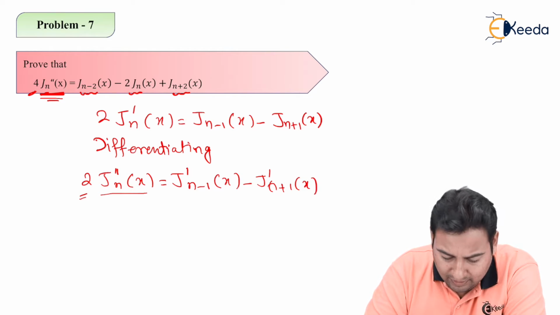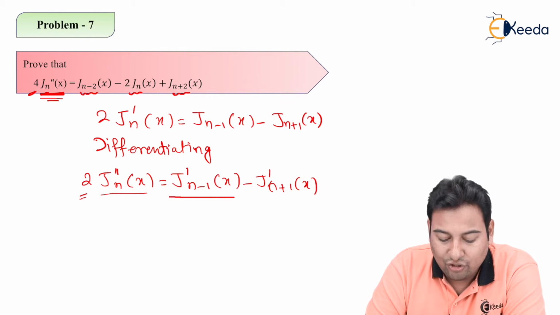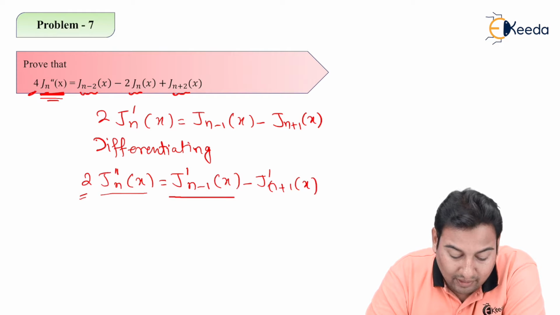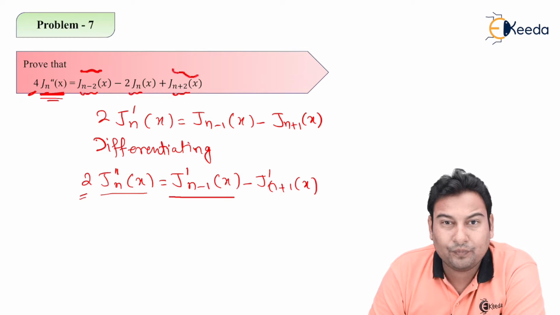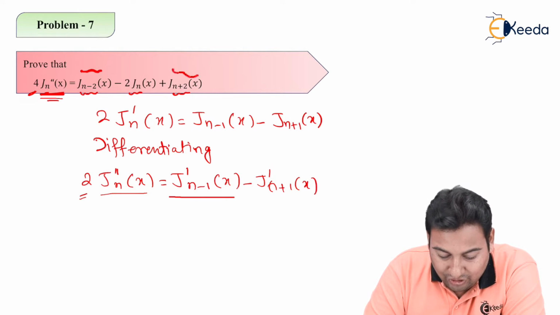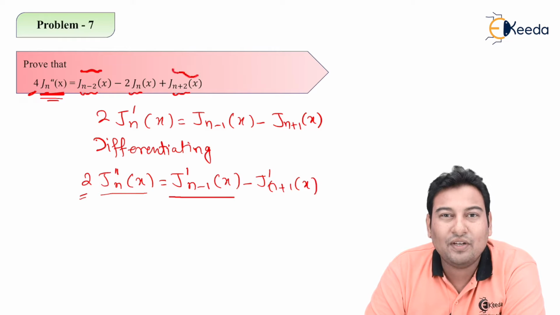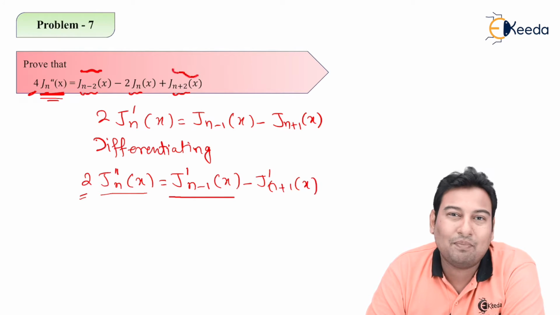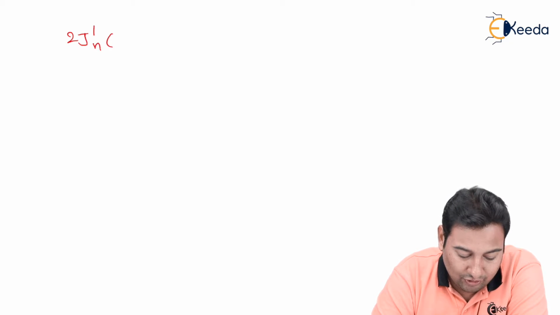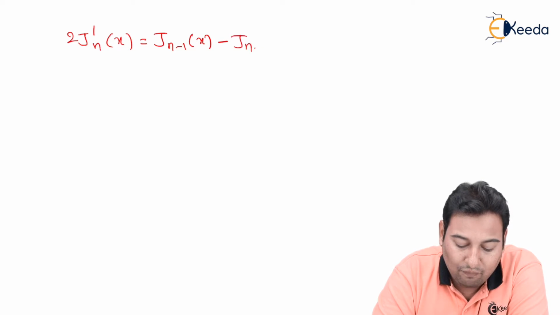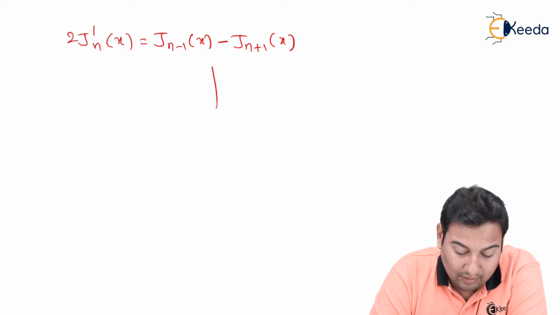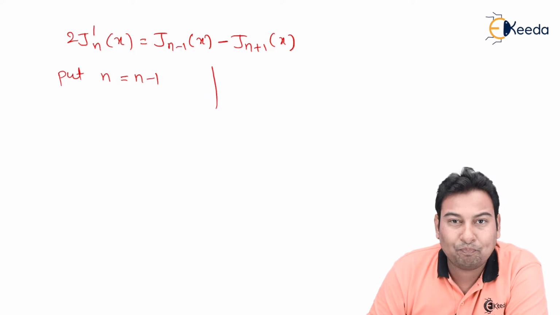Now what next? We got J dash of n minus 1 x and we need to find it in terms of n minus 2 and n plus 2. Are you getting it? J dash of n minus 1 is given and we need to find it in terms of n minus 2, n plus 2. So this is the formula, 2J dash nx is equal to J of n minus 1 x minus J of n plus 1 x, the basic formula. I am going to replace n with n minus 1.